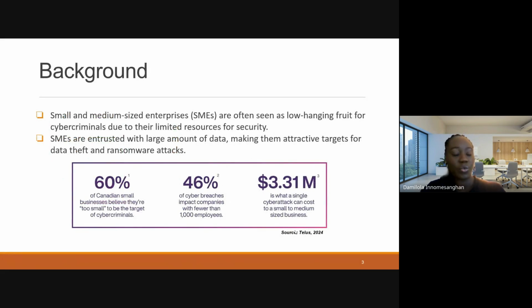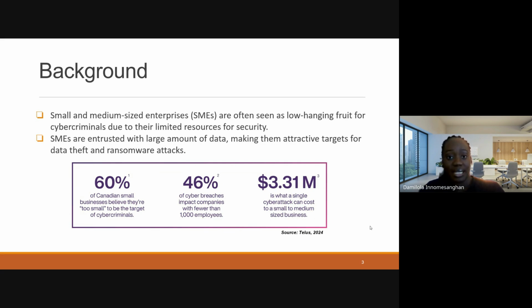As we all know, technology is evolving and the digital landscape is expanding. So cyber threats and threat actors are also abreast of these technology trends, and they are becoming more sophisticated. Very recently, we have seen that their prime targets have been small and medium-sized enterprises, because they see them as low-hanging fruit due to their limited resources for security.